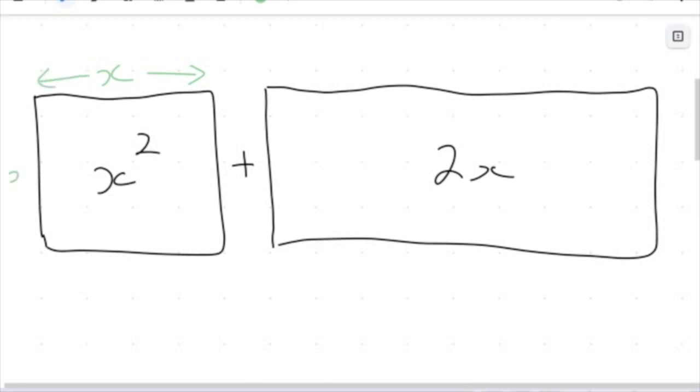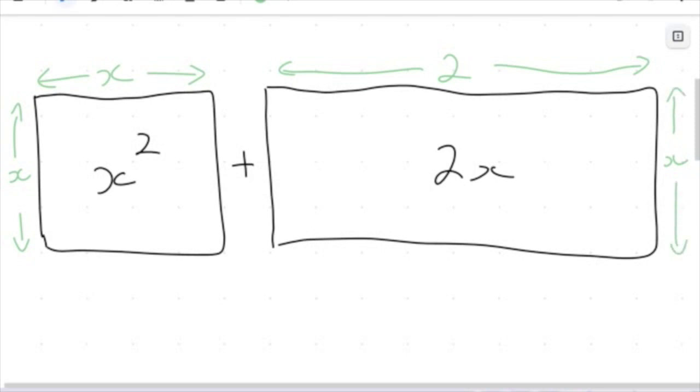So that's when we have units of x by x. Because we remember when we multiply two dimensions, we get an area. So we have x squared plus 2x. Now we can think of this as 2 along this dimension, and then x along this dimension here.